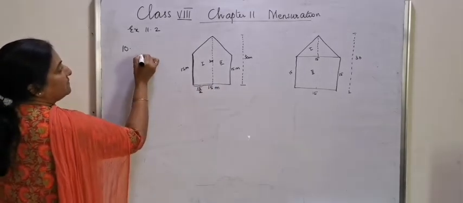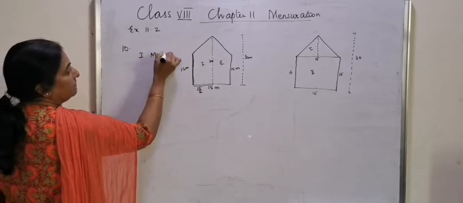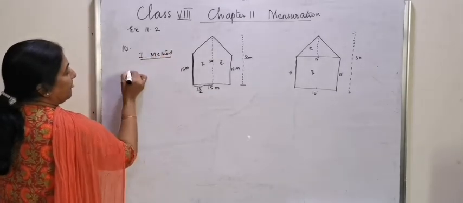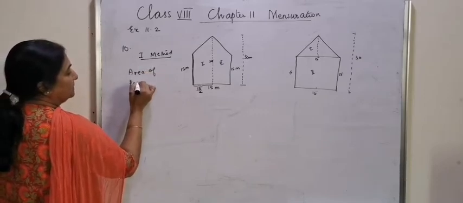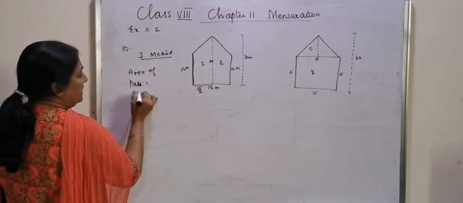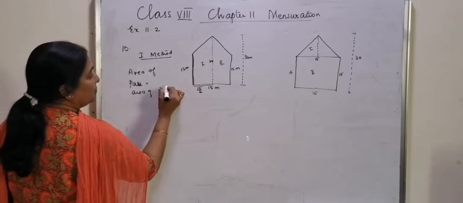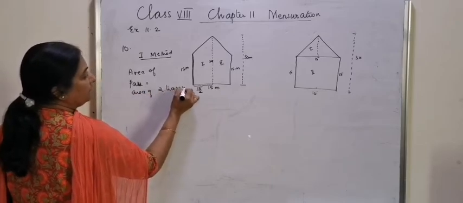So, like the first method, area of park is equal to area of 2 trapeziums.